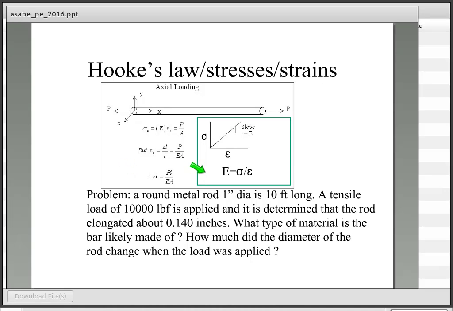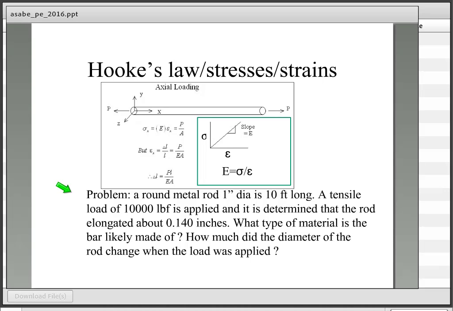So here we're simply giving you a reminder that the stress is a function of the strain in a part, and the relationship is determined by the modulus of elasticity. So here is a little problem.